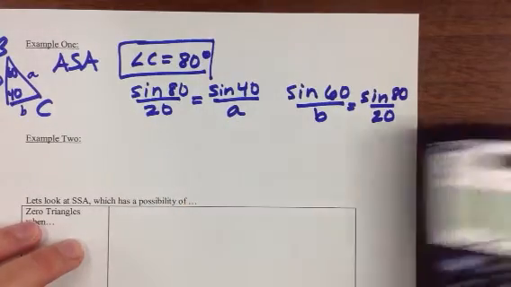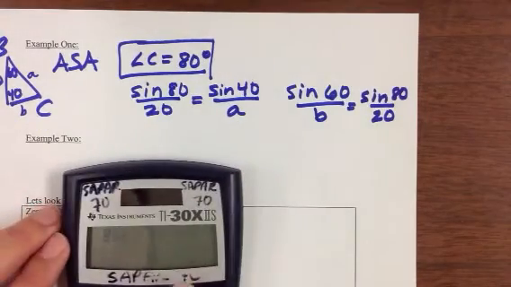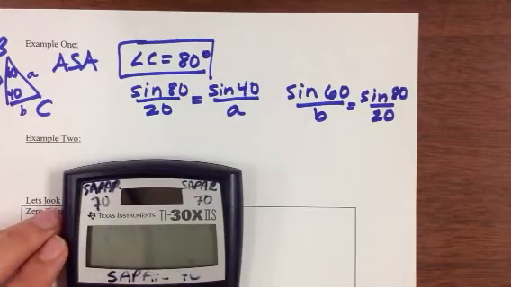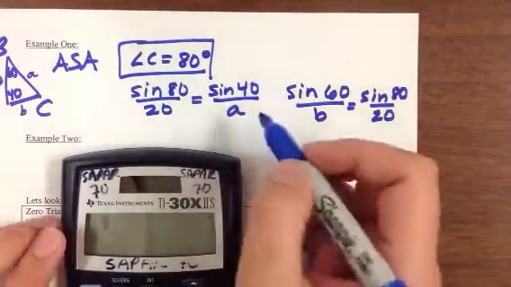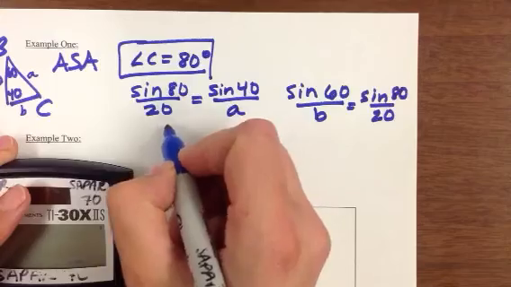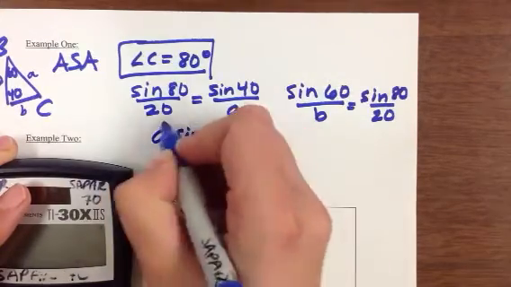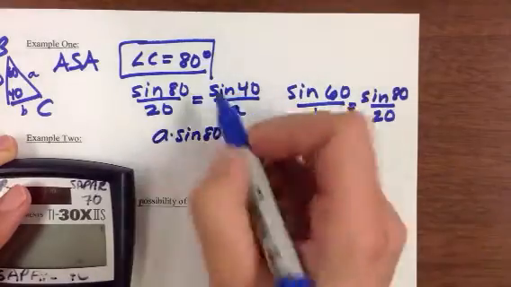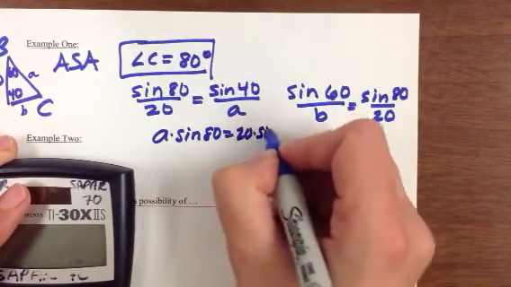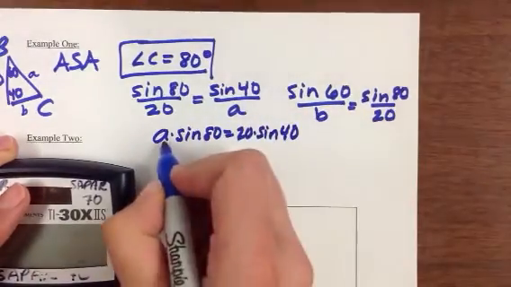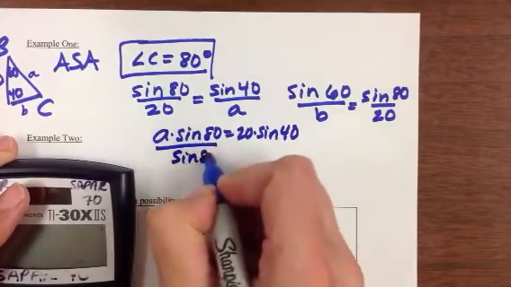So I grab my calculator and make sure I'm in degree mode, and I am. To solve, we get a times sine of 80 equals, cross multiplying, 20 times sine of 40. To get a alone, I divide both sides by sine of 80.